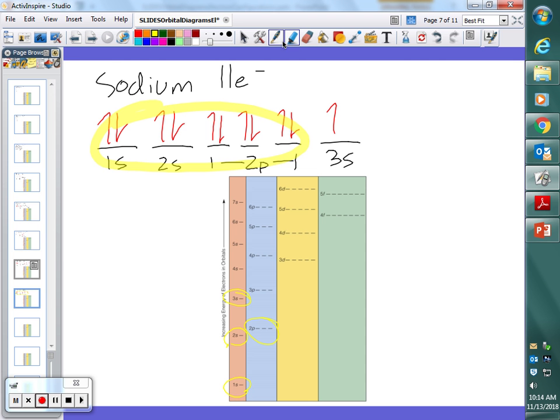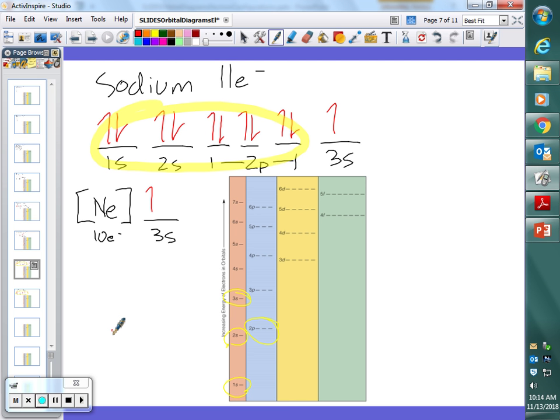What we can do is start off our orbital diagram for sodium by putting neon in square brackets just like this. This now represents the first 10 electrons. But we still have how many left over for sodium? 1. So then we can go here, and now we've shorthanded this.